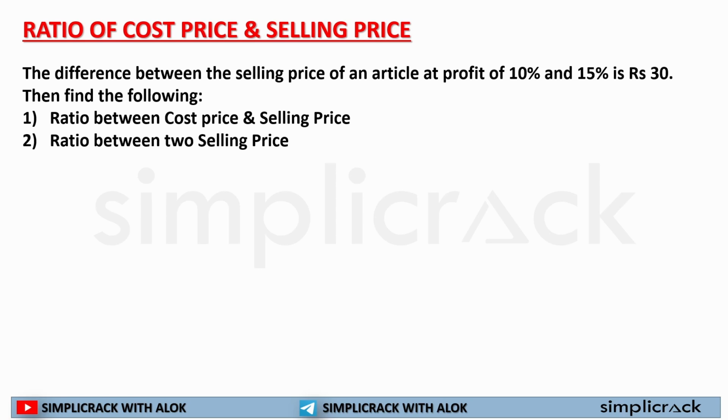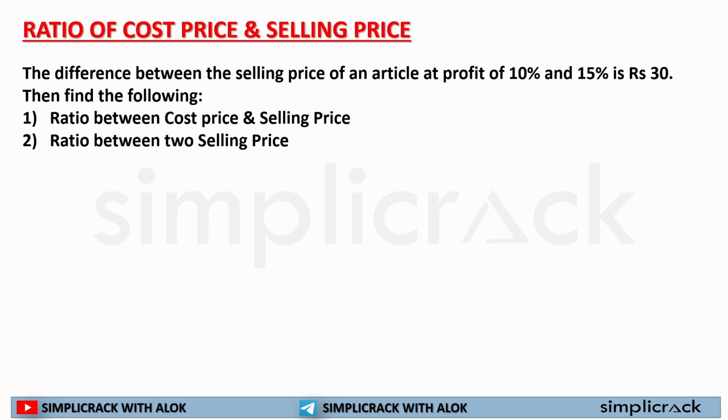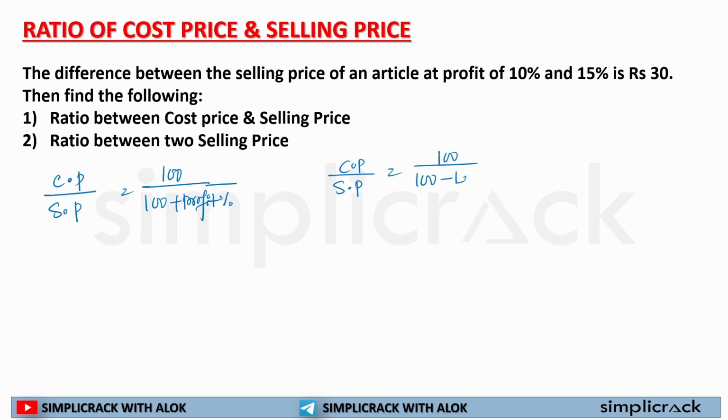Now I have already shared this, so let me find it. Okay, I see, this is the homework. I have already solved this concept, so let me write it. What we know: the ratio of cost price to sales price is 100 by 100 plus profit percentage, or cost price by sales price is 100 by 100 minus loss percentage.